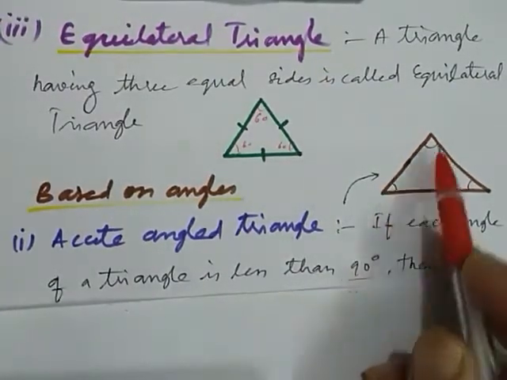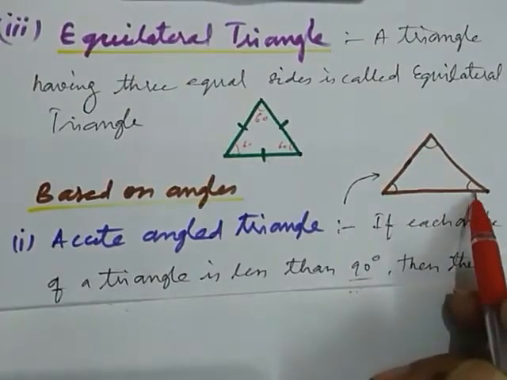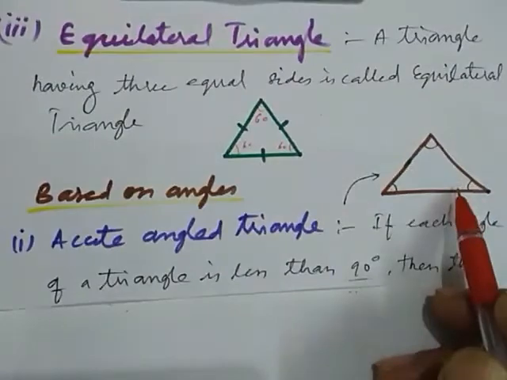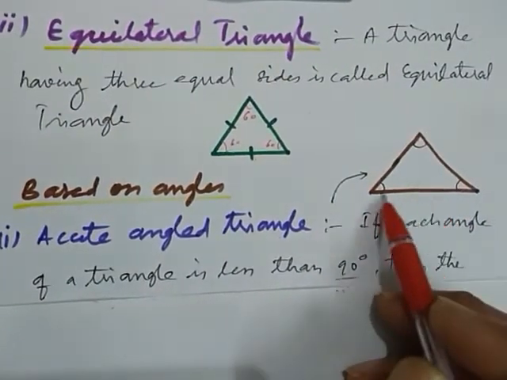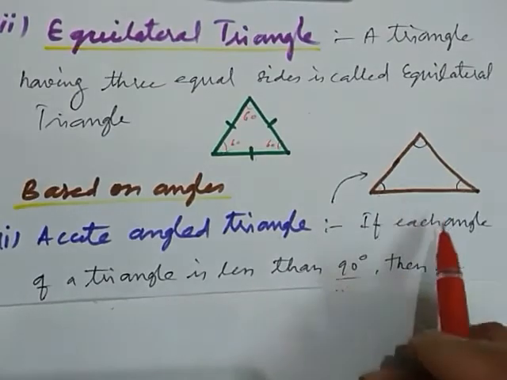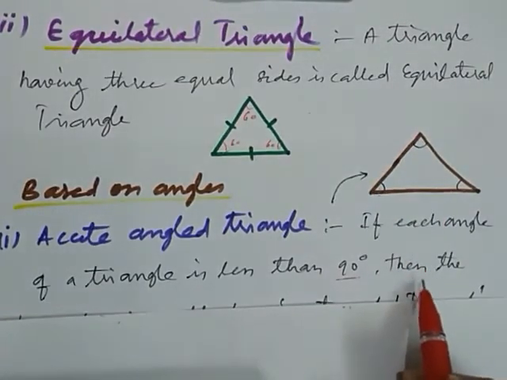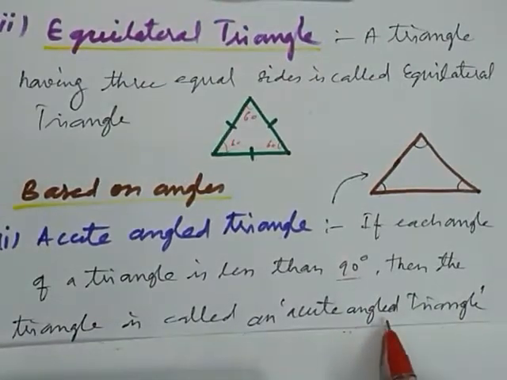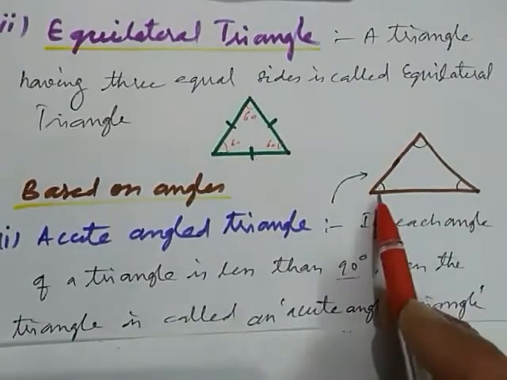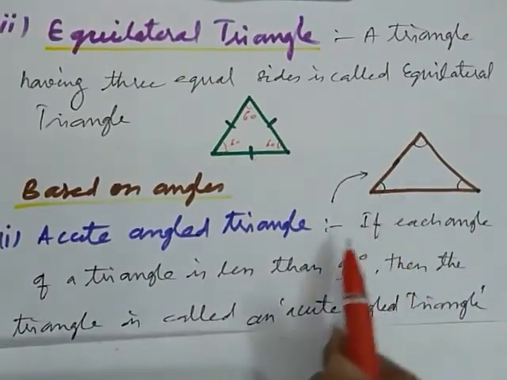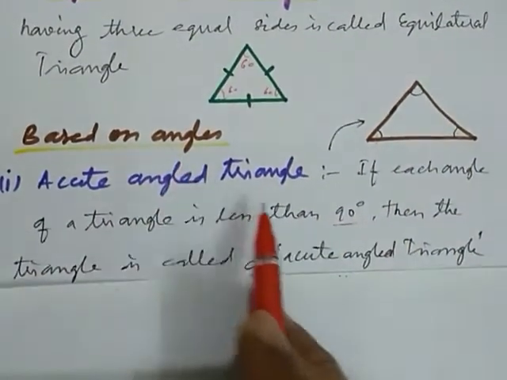Here, this is a triangle in which all three angles are less than 90 degrees. So, all three angles are acute angles. Therefore, the triangle is called an acute angled triangle. This is the classification based on angles.